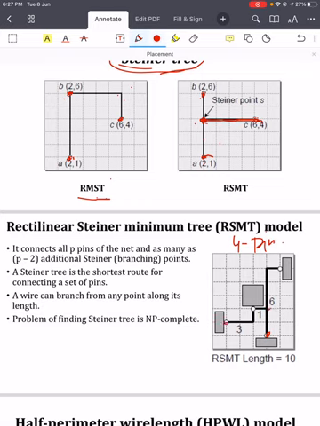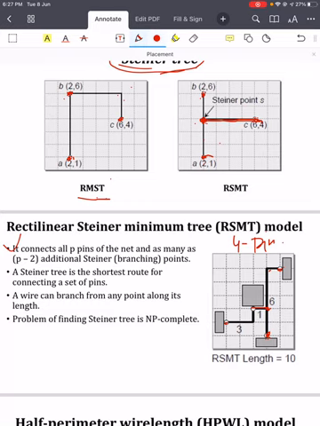So you can understand that we are connecting this and this, and those two, and we are taking this branch to connect these two nodes. There could be many Steiner trees possible, because it only has to satisfy two factors: it should connect all the P pins of the net, and it can take as many as P-2 additional Steiner points.